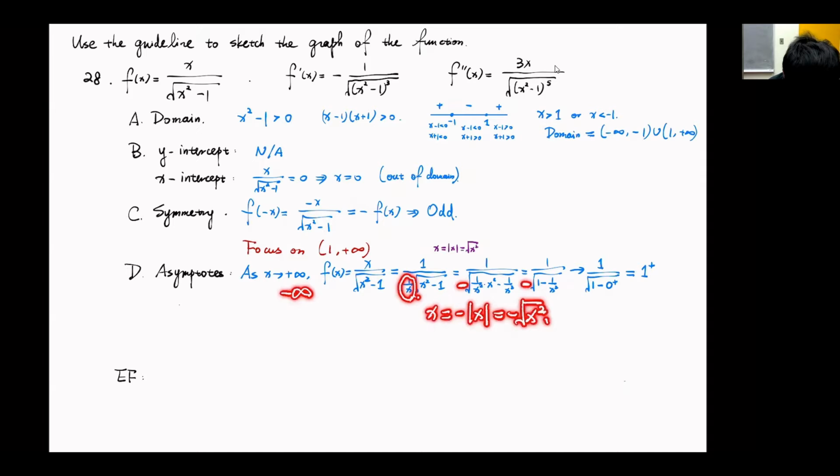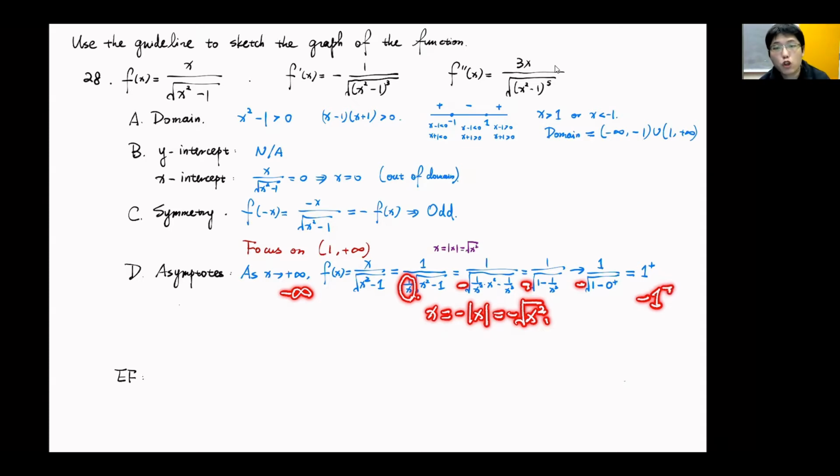As a result, the resulting limit will be 1 divided by minus root of 1 minus x to the 0 plus, so the resulting number will be a little bit smaller than -1. The function will approach -1 from below if x is approaching negative infinity.